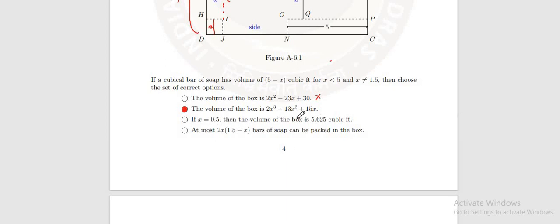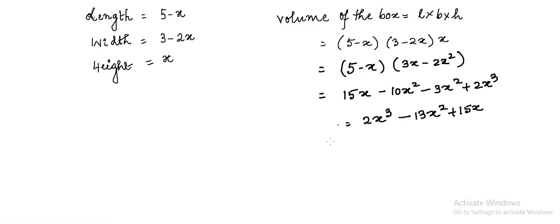If x is equal to 0.5, the volume of the box is 5.625 cubic feet. Okay, let's substitute the value. This will give you 2 into 0.5 whole cube minus 13 into 0.5 whole square plus 15 into 0.5.